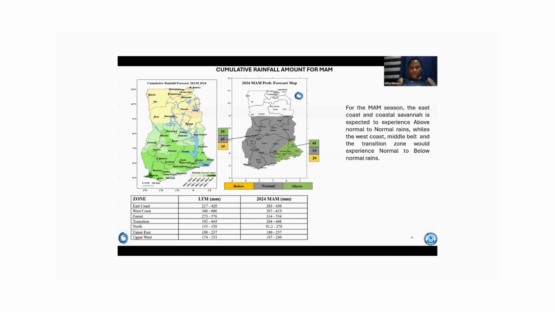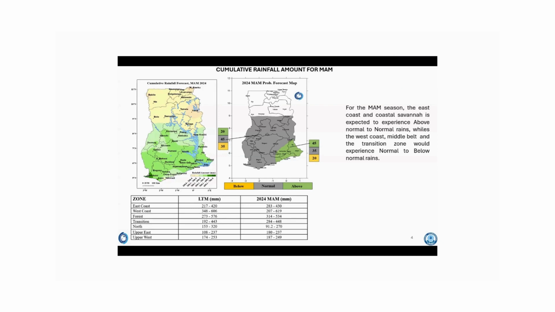In the case where you have high incidences of fall armyworm infestation, it normally correlates with poor rainfall events. So when we are going to experience longer dry spells, during those periods the crop will be on the field, but there will not be rains. It means that incidences of fall armyworm can be higher within those periods. And that is something we need to watch out for.